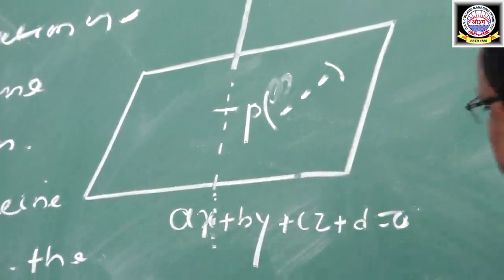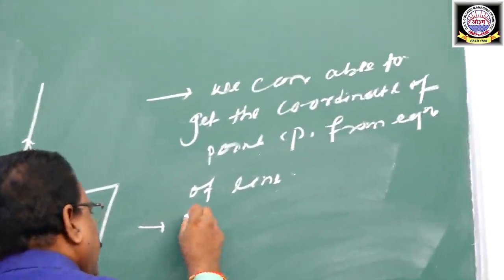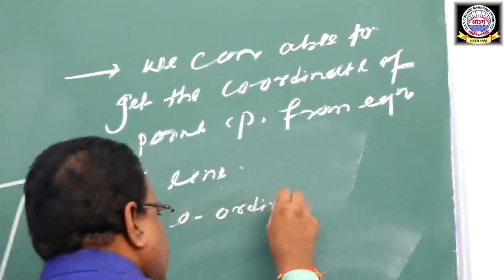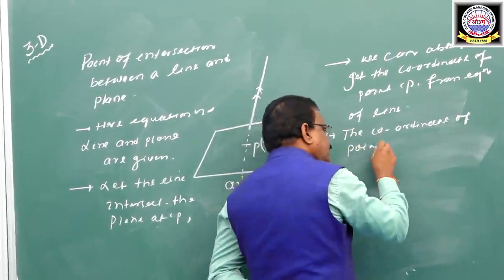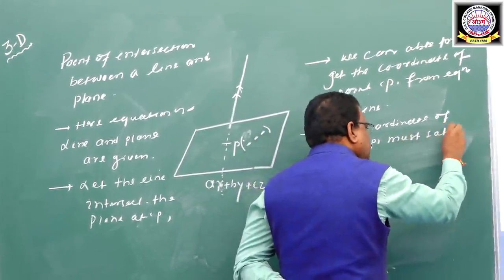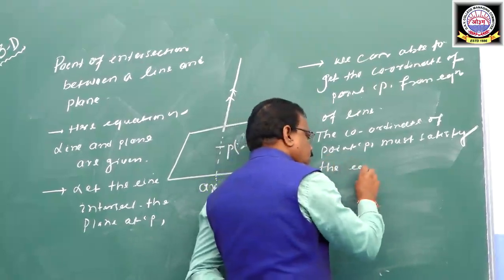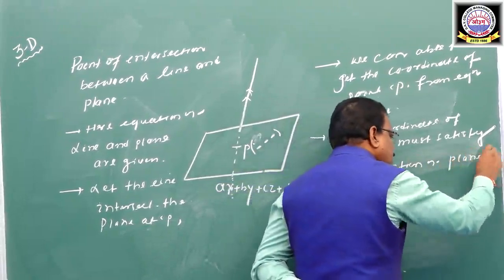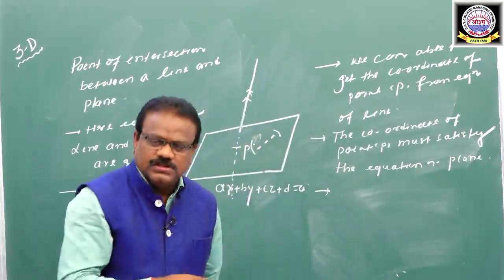So my fourth step should be: the coordinates of point P must satisfy the equation of the plane.